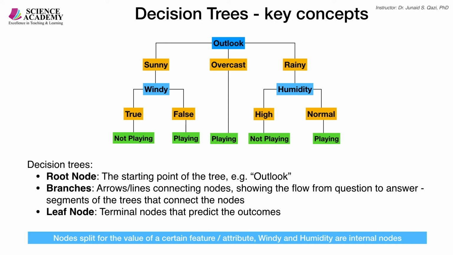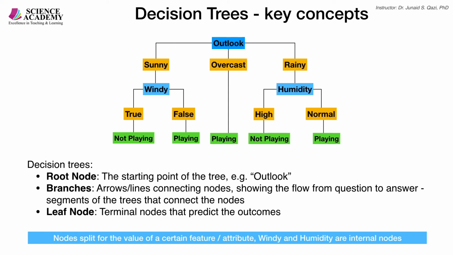They are branches. So the branches connect the nodes and typically have the answer to the question that we ask at the node. At the end of the tree, there are terminal nodes represented in green color. They are also called leaf nodes and predict the outcomes.